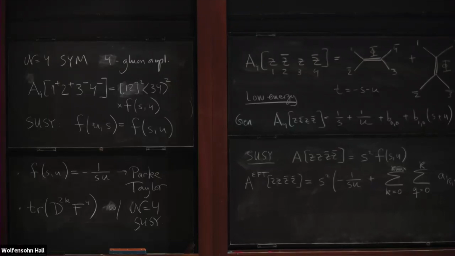But you may notice that when I write it here, it doesn't look like it has this SU symmetry. The SU symmetry is what this thing in here has to obey. In order to make it so, my coefficients A_KQ have to satisfy what we call a SUSY crossing relation, namely that A_{K,K-Q} has to be the same as A_KQ.